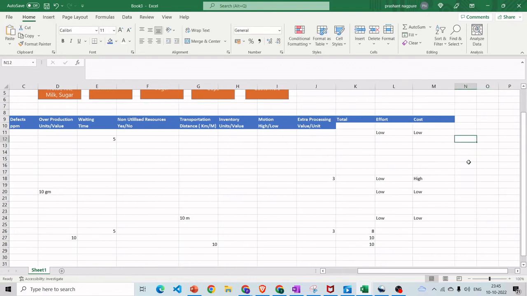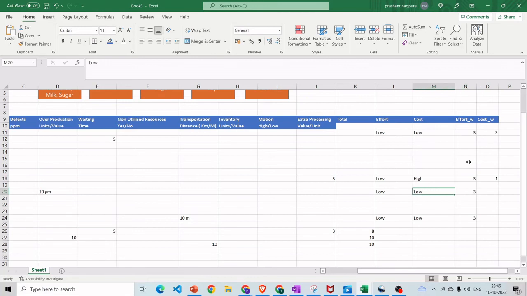Let's say we can give some numbers to this effort and cost. So let's say we give weight, so effort weight, and cost weight. So a low effort means a higher impact. So anything which is low on effort, we will give it a high score. Anything which is low on cost, again we give it high. This is high on cost. Let's say give it 1.